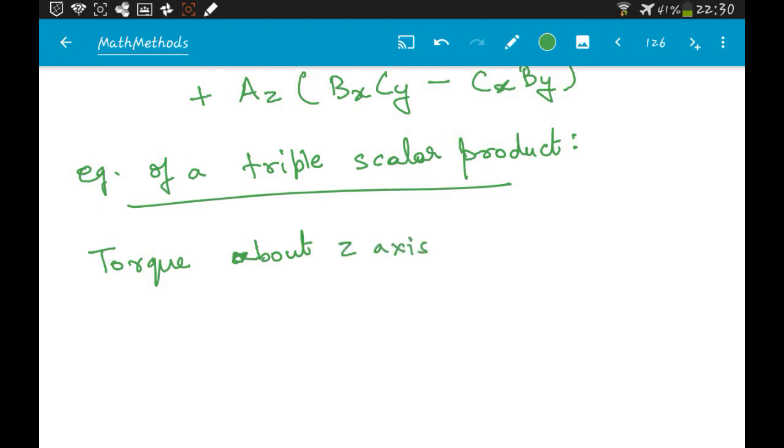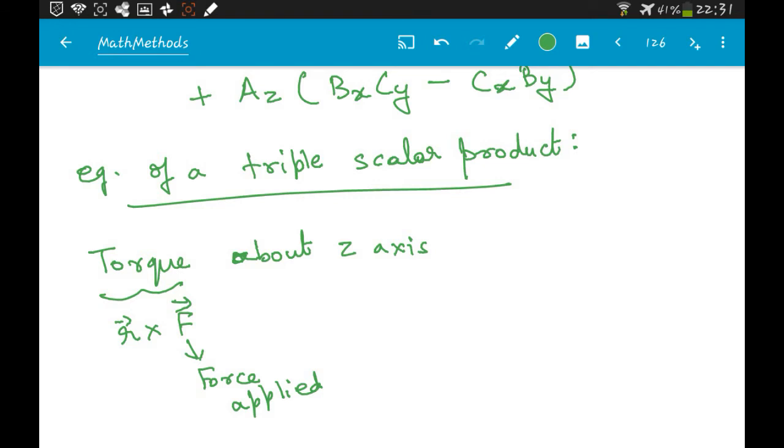What is the formula for torque? The formula for torque is R cross F. F is the force applied, which is in a particular direction, so this is a vector, and R is the radius, or the direction, in which the force is applied.